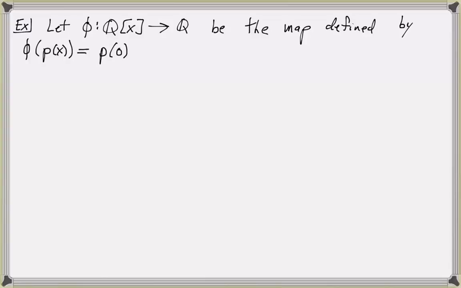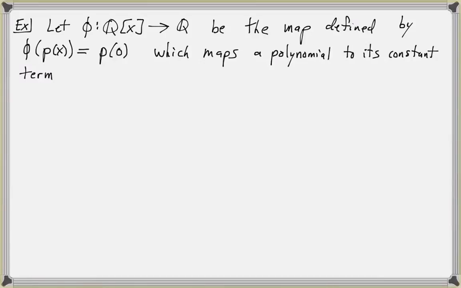So this map takes a polynomial and maps it to its constant term. So this map is a ring homomorphism.